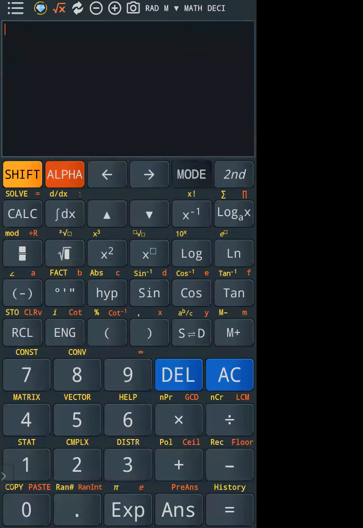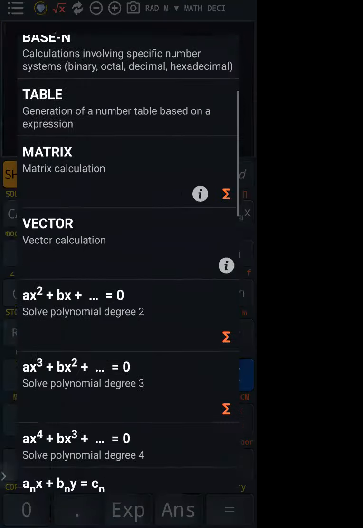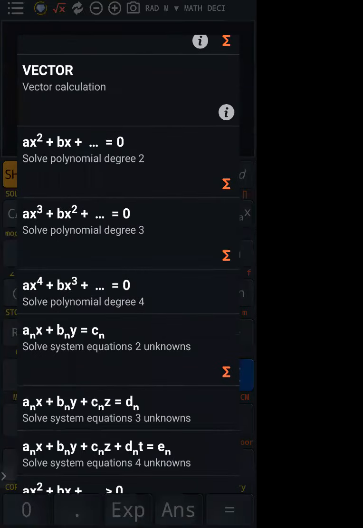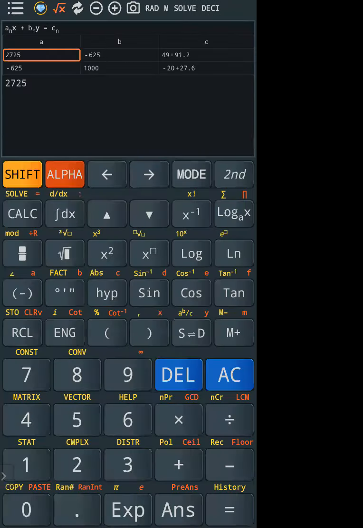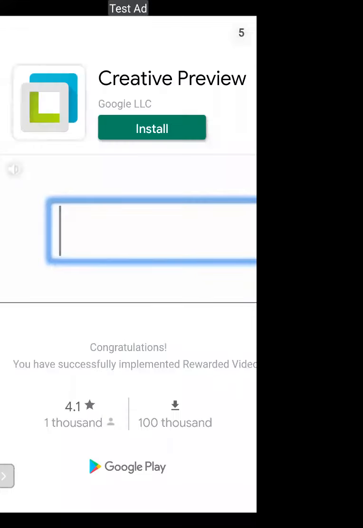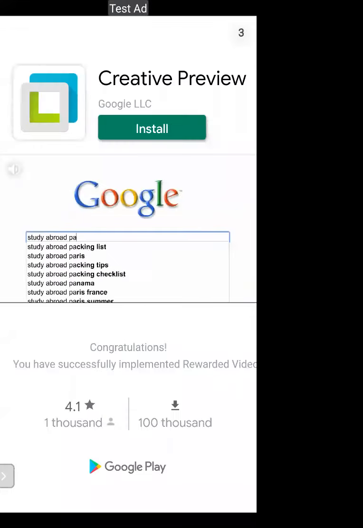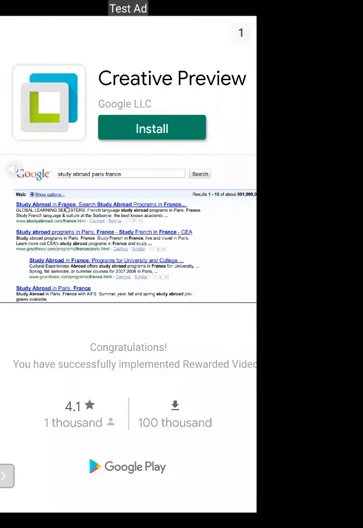We have two equations, so solve the system with two equations. My first value will be 3.19 into 10 to the power 6.